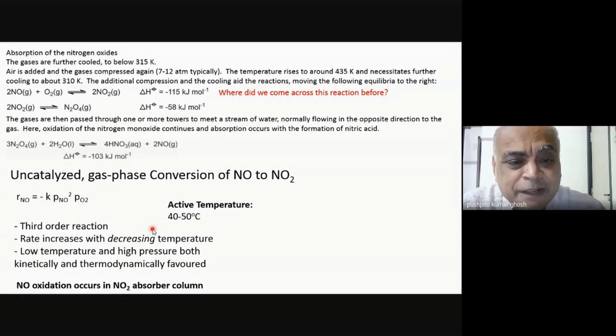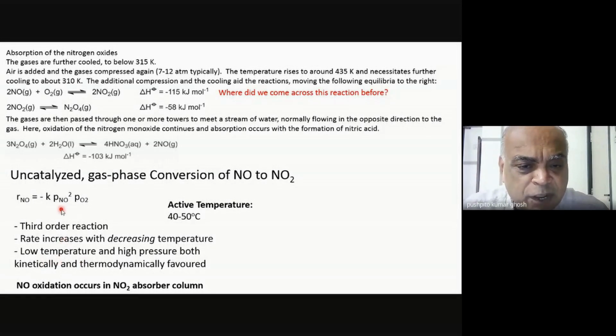So that way, it's a very happy situation because the lower temperature and higher pressure is beneficial for conversion, and the lower temperature actually doesn't hurt the rate of the reaction.